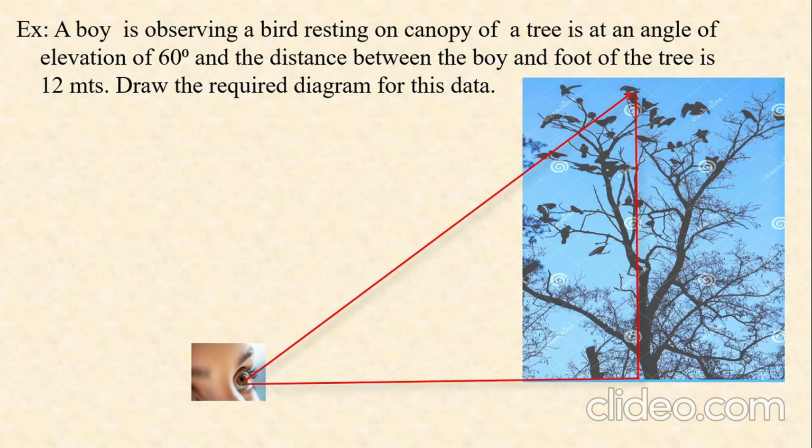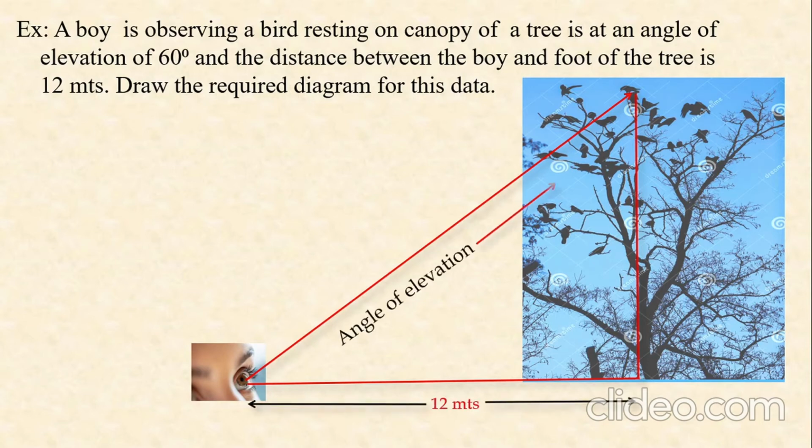Now this is the line, the distance between the foot of the tree and the observer's eye, which is given as 12 meters, and this is the angle of elevation, which is 60 degrees.